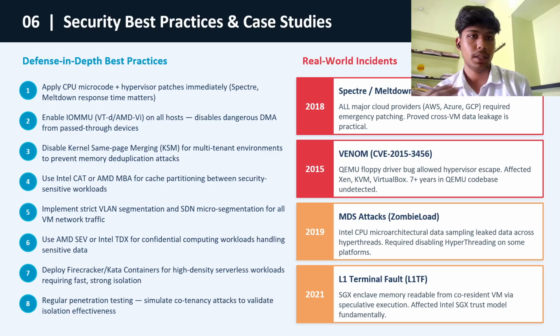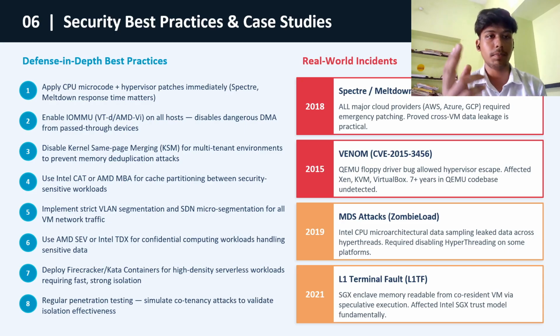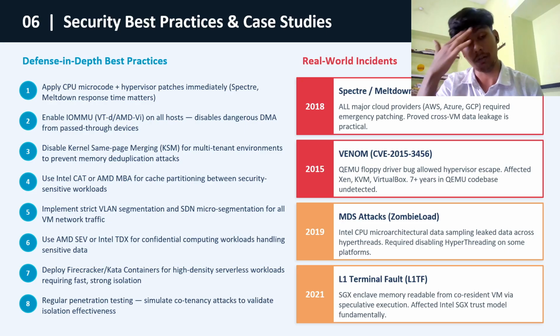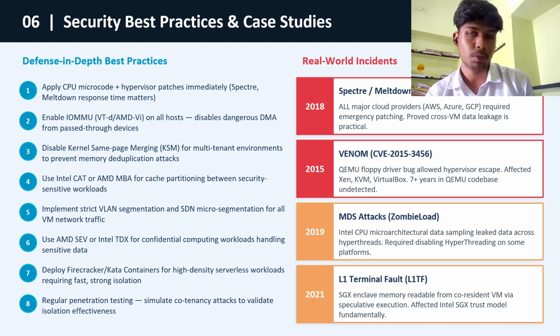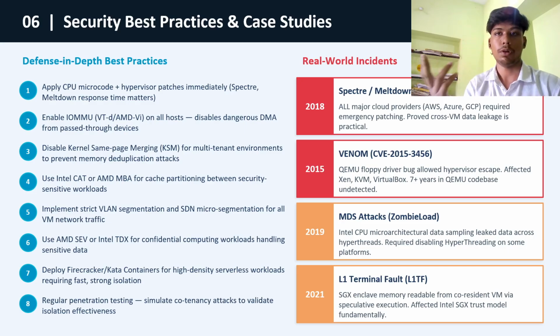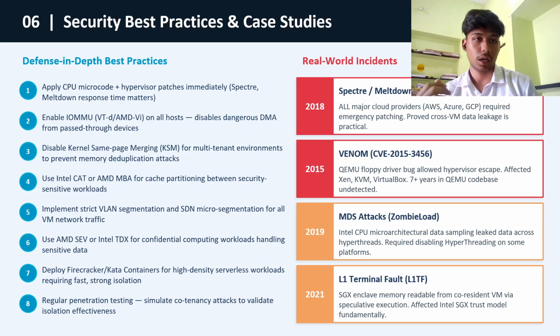We need to apply CPU and hypervisor patches immediately when new vulnerabilities are discovered. Speed always matters. Enable the IOMMU, input output memory management unit, on every host. Disable KSM. Implement strict VLAN segmentation. Use AMD SEV or Intel TDX for any workload involving sensitive data.